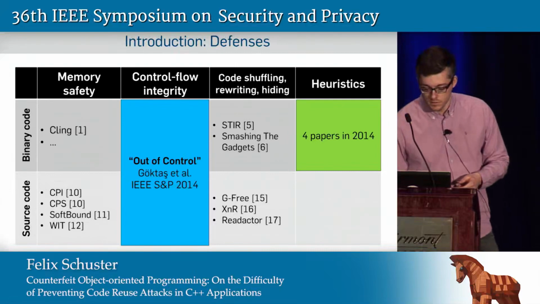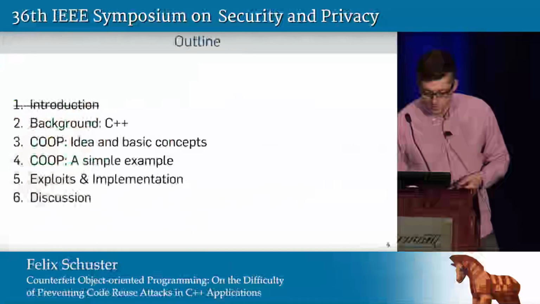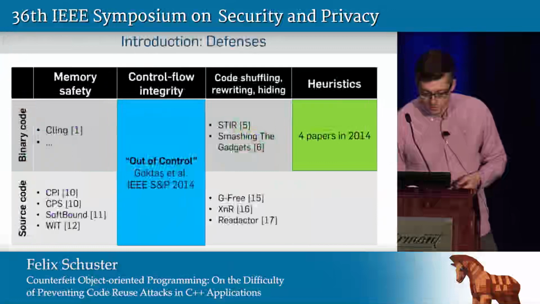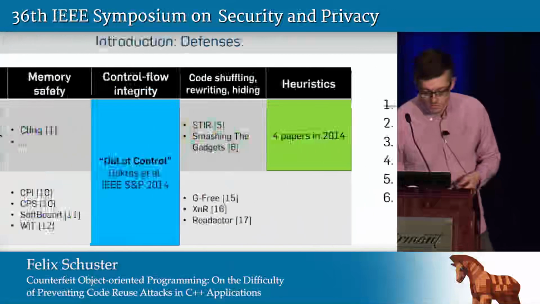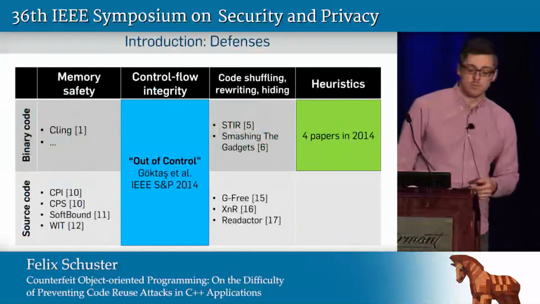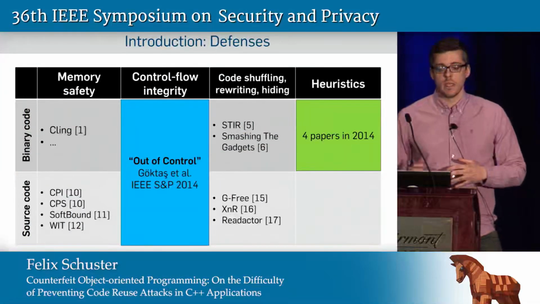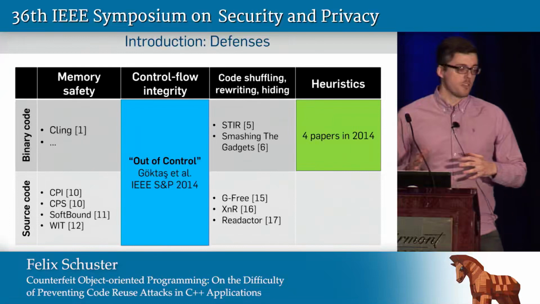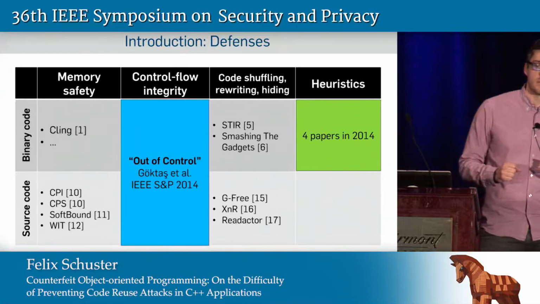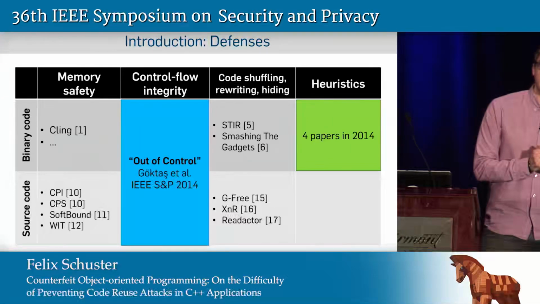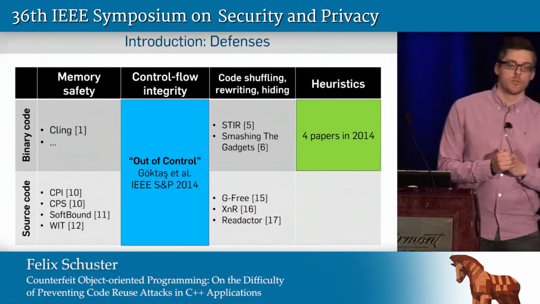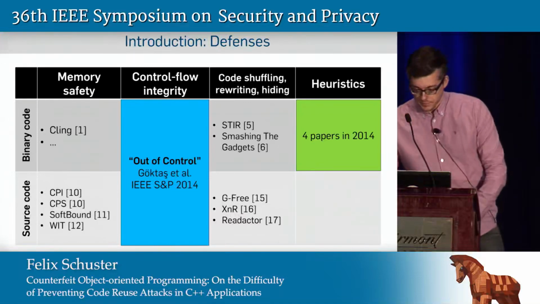All right. Something's missing. In this talk, I'm going to present counterfeit object-oriented programming, and we essentially show that defenses from all these categories rely on certain assumptions that aren't necessarily true in practice.